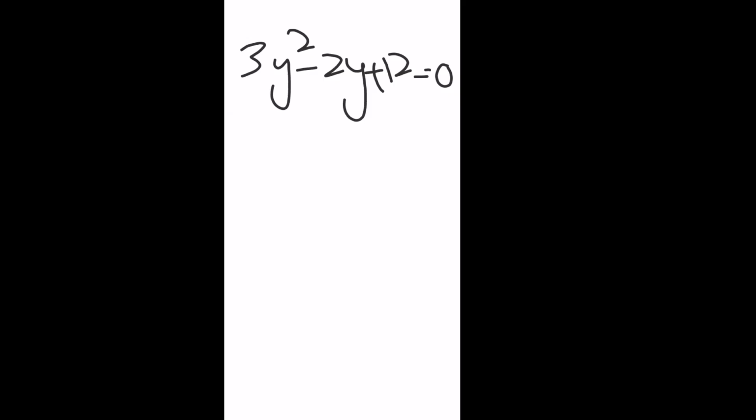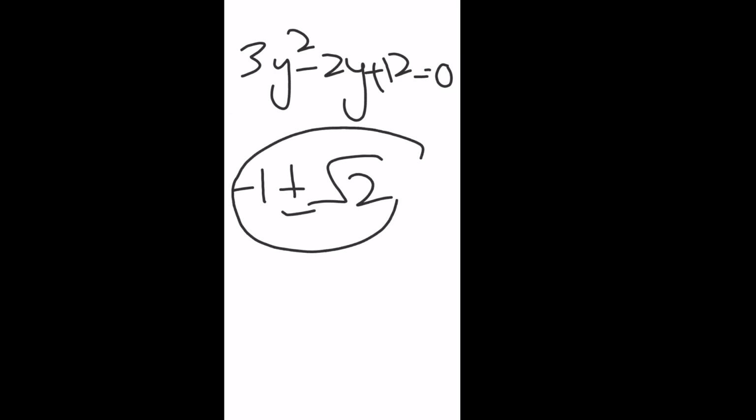I told you yesterday as well that the answer should come in real numbers. If you see this answer, -1 plus minus under root 2, can you see any variable in it? No, you see only real numbers. If you get real numbers in your answer, that's enough for you.